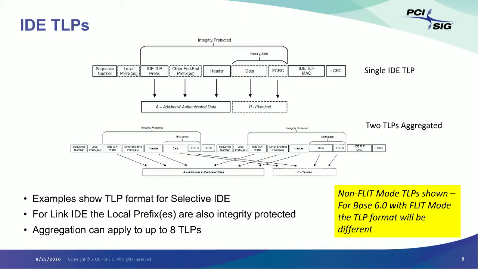Now, the second diagram here shows something called aggregation. One of the things that you'll notice in both of these figures is there's a MAC, right? So this is the message authentication code that is generated and consumed by the AES GCM algorithm.